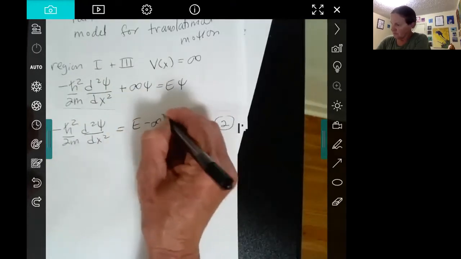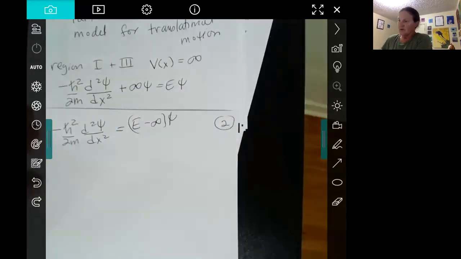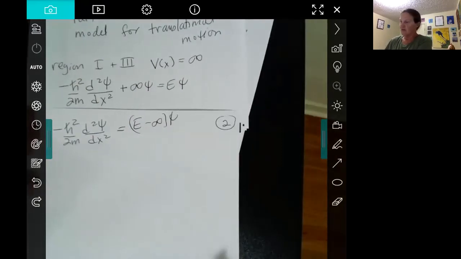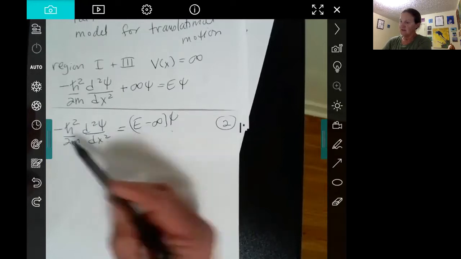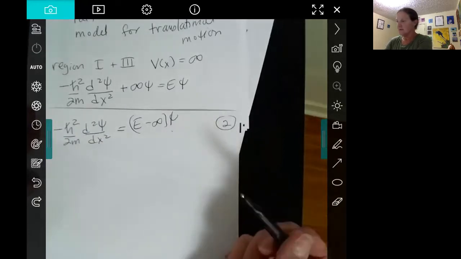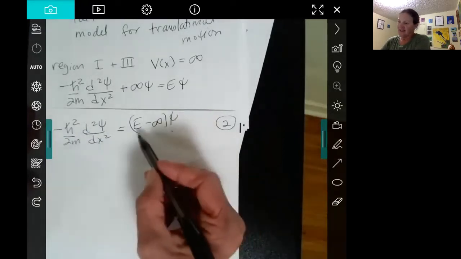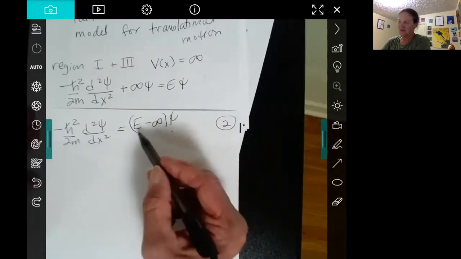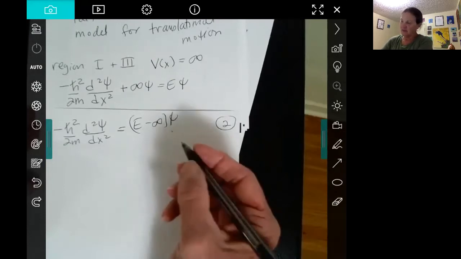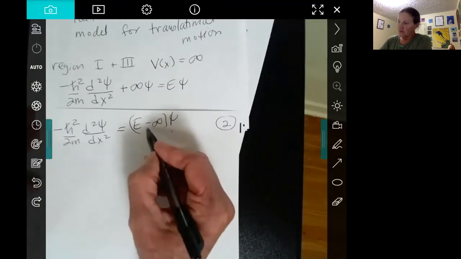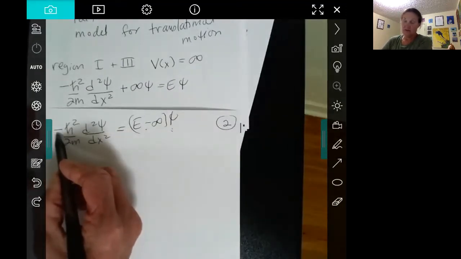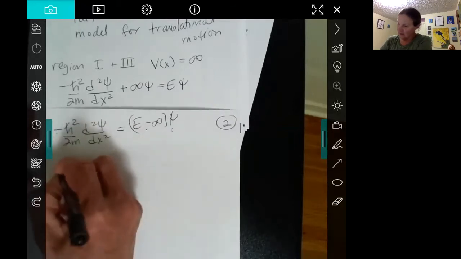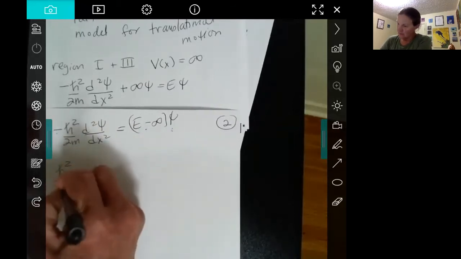Then we'll have E minus infinity times psi, and the second derivative with our constants. We can simplify that: E minus infinity, no matter what E is, is really just negative infinity. So we'll get negative infinity times psi, and that will cancel with this negative. So we'll end up with h bar squared over 2m.